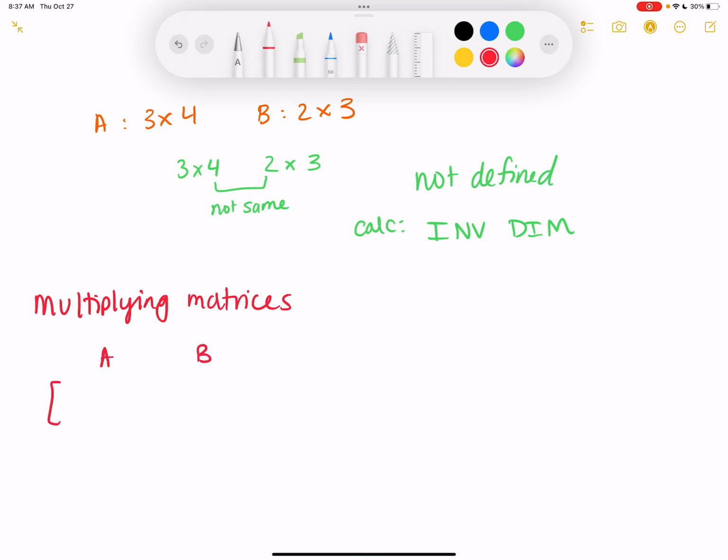So got A, B, C, D times the other one, E, F, G, H. So again, always going to check. I've got a 2 by 2 and a 2 by 2. Middle are the same. So my result is going to be a 2 by 2.